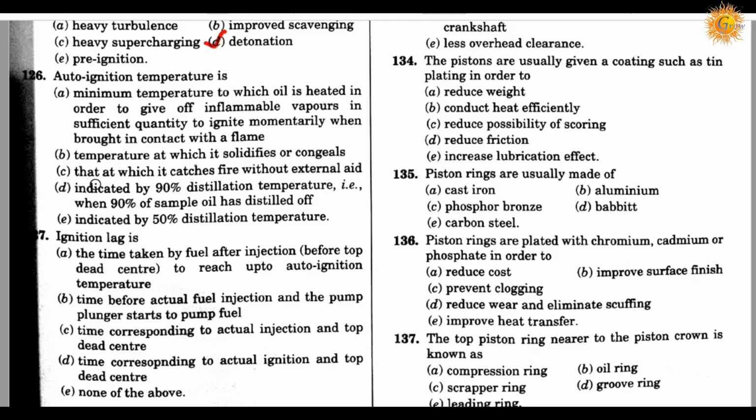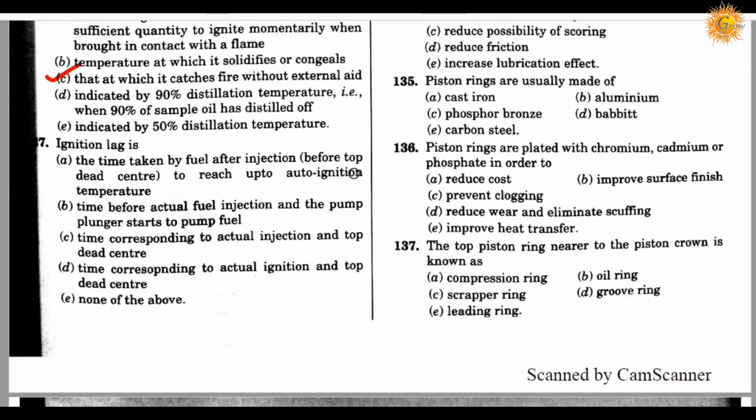Option C, that at which it catches fire without external aid. Option D, indicated by 90% distillation temperature, that is when 90% of a sample oil has distilled off. Option E, indicated by 50% distillation temperature. So the correct answer is C, that at which it catches fire without external aid.